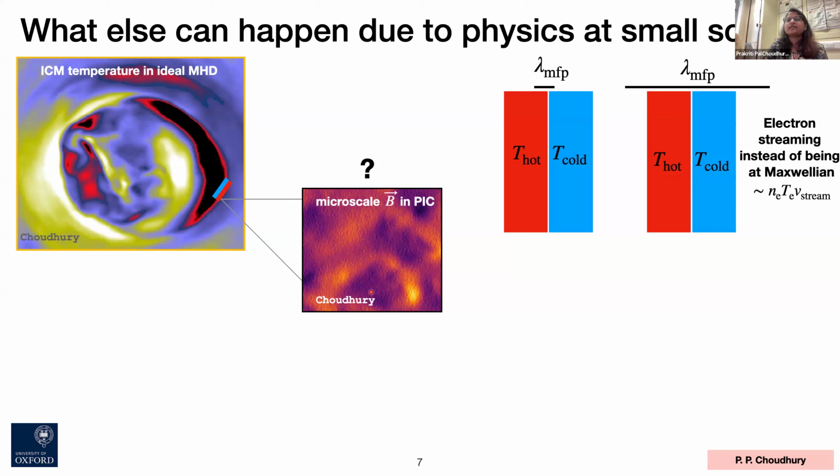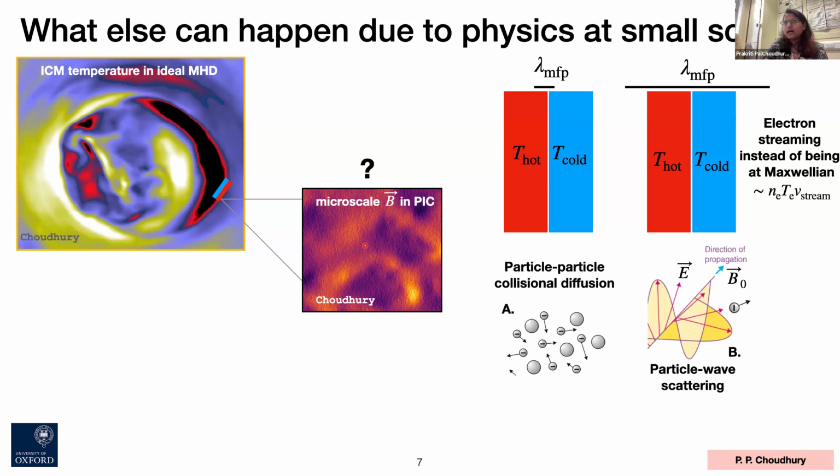This is a 2D box of 10 electron gyro radii on a side, and as you can see, there is magnetic field at various coherent scales. It creates a wide range of instabilities, and this is specifically known as the whistler instability. I'll come to that in a bit.